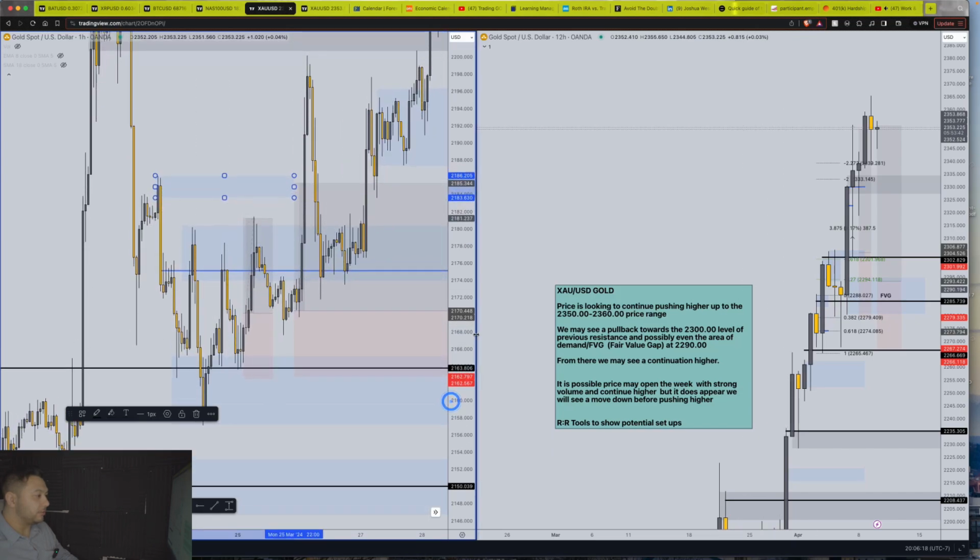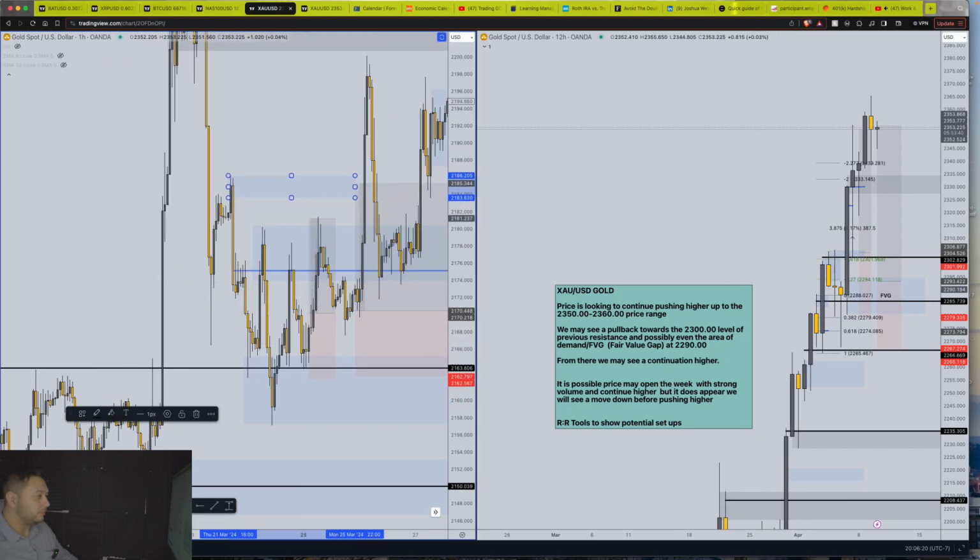So this is what happened here. We had taken this setup right here, 2168 through 2170. So this particular price zone right here was our entry price point that I had given.